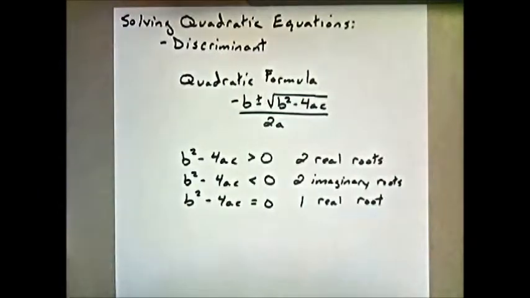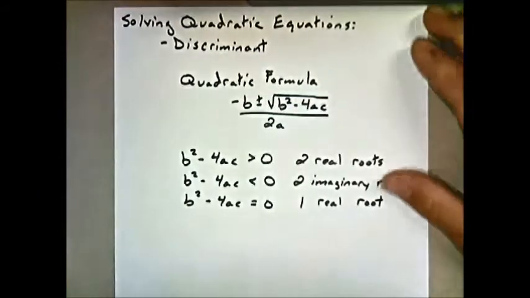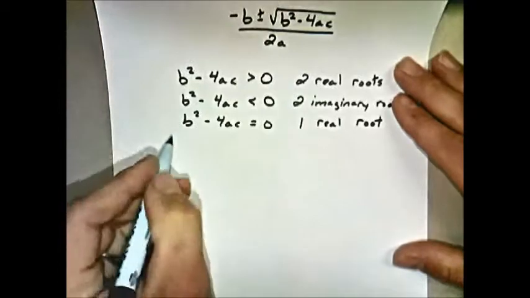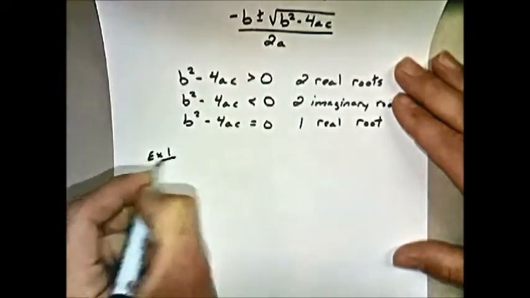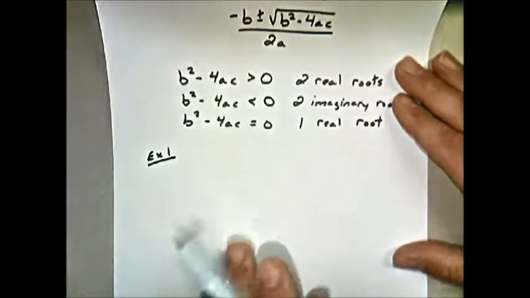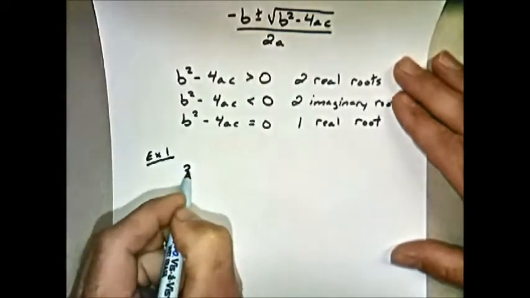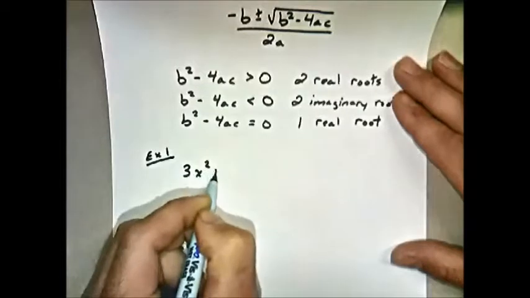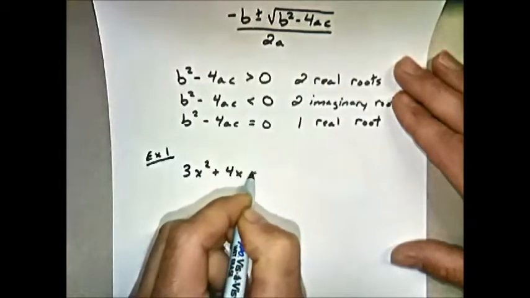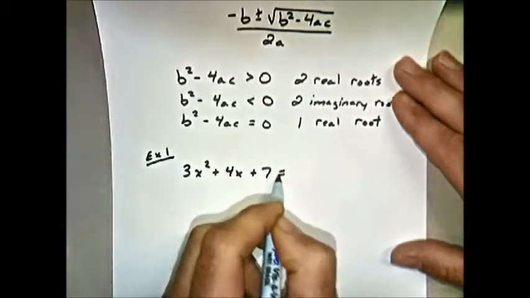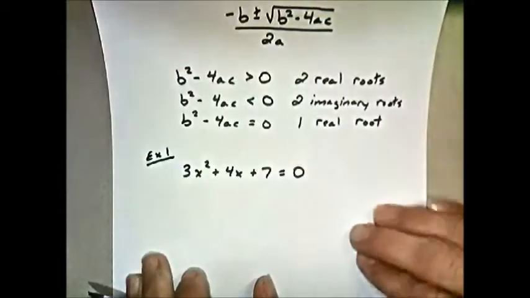So let's go ahead and look at an example of a quadratic equation and figure out what type of roots it's going to have. I'll give you 3x squared plus 4x plus 7 equal to 0.